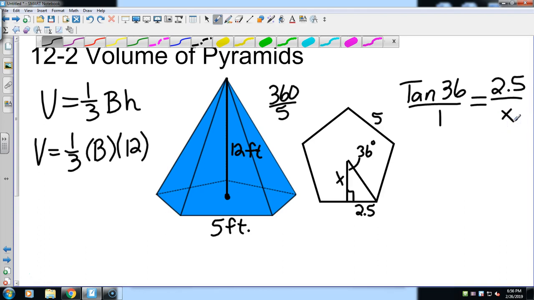And so I'm going to get this done here. And so that comes out to be approximately 3.4.